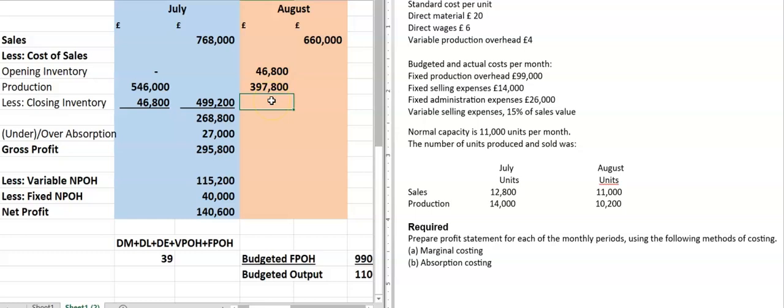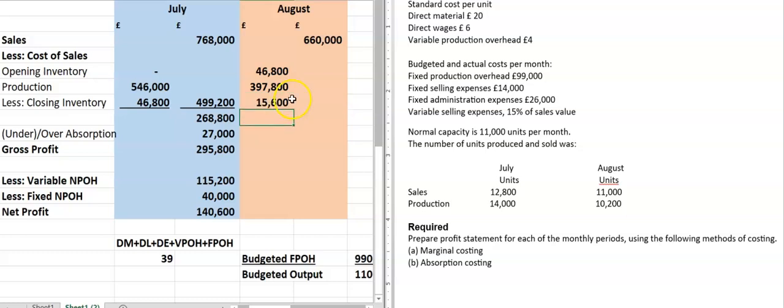Then closing stock: the opening stock was 1,200 units, right? Then you have to add your production, 10,200, minus sales, 11,000. This one into 39.